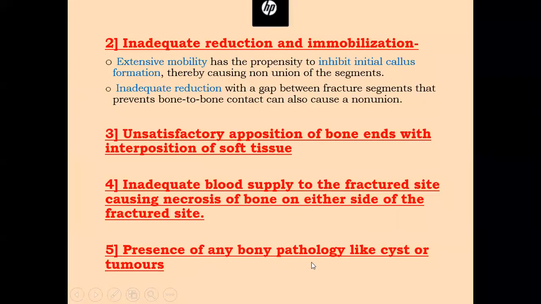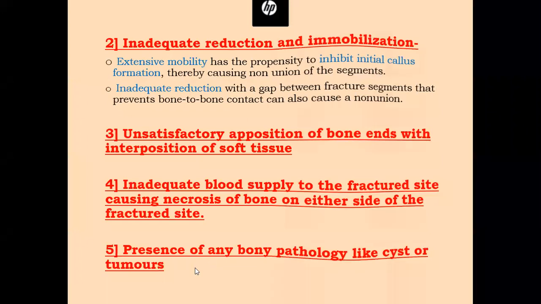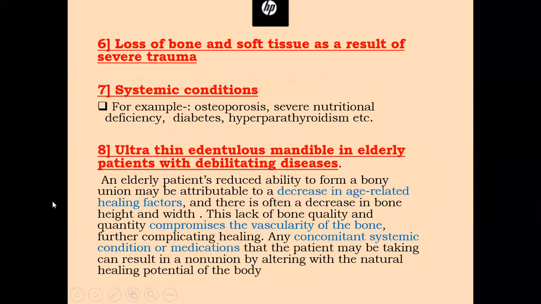Then presence of any bony pathology like cyst or tumors. Then loss of bone and soft tissue as a result of severe trauma. Then systemic conditions like, as we all know, osteoporosis, severe nutritional deficiencies, diabetes, hyperparathyroidism. These affect calcium metabolism, hence they cause a delay in healing and non-union occurs.